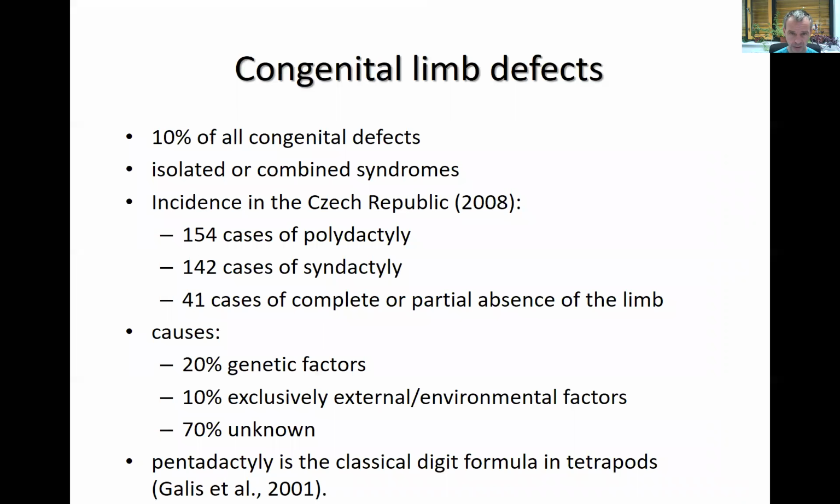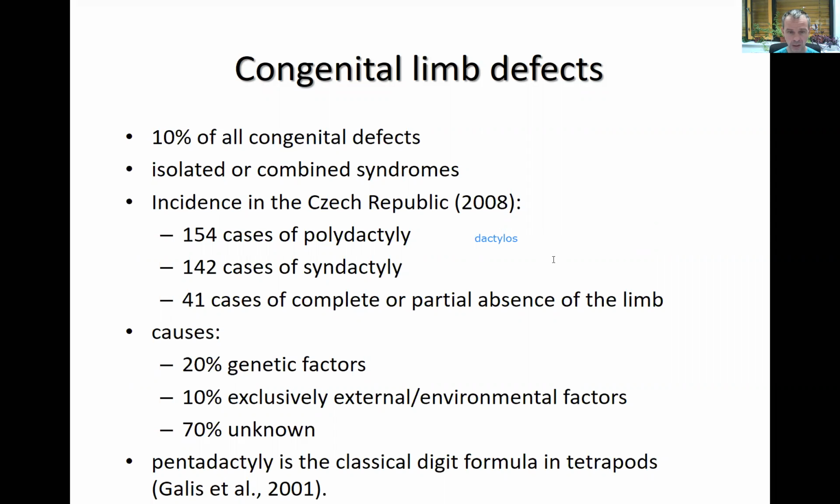And as you can see from the incidence in Czech Republic, there are about 350 cases of either extended number of fingers, so polydactyly, as the word dactylos means a finger, or syndactyly, that means that some of the fingers are grown together, so the number is reduced, or there can be a partial or complete absence of the limb itself.